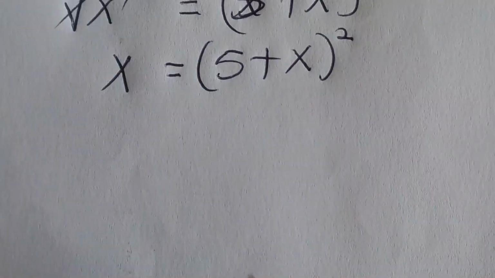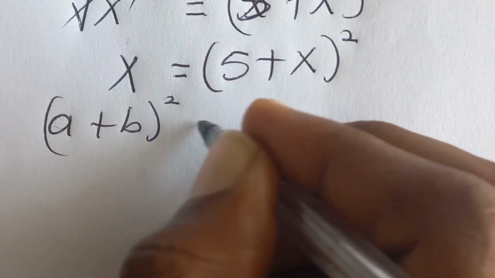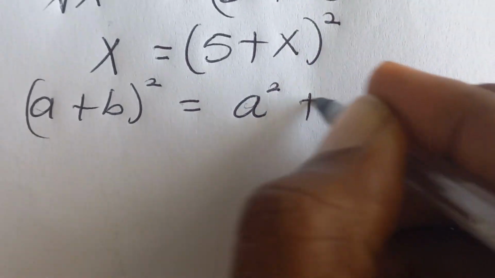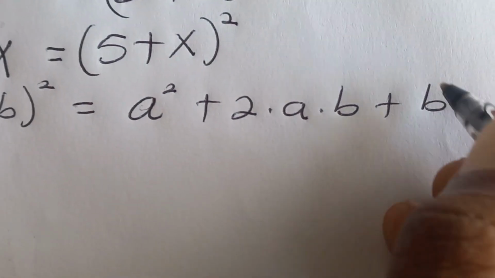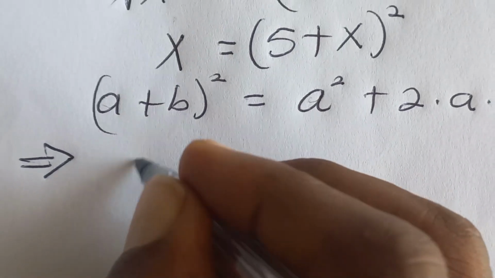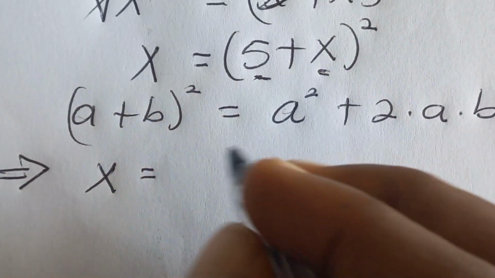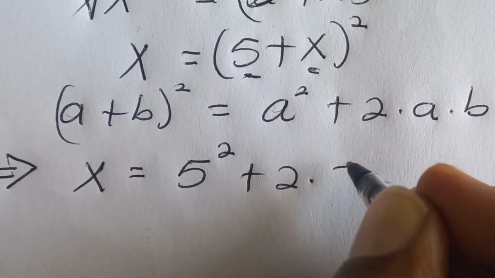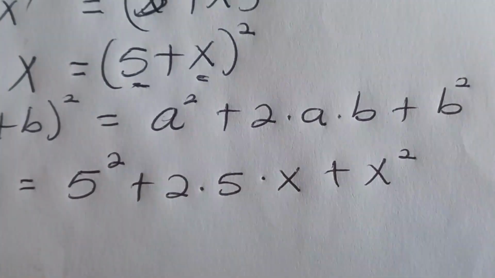And now we have a plus b all squared in algebra. This expression results as a squared plus 2 multiplied by a multiplied by b plus b squared. So our equation, we can resolve it as x is equal to, now this is our a and this is our b. So 5 squared plus 2 multiplied by 5 multiplied by x plus x squared.